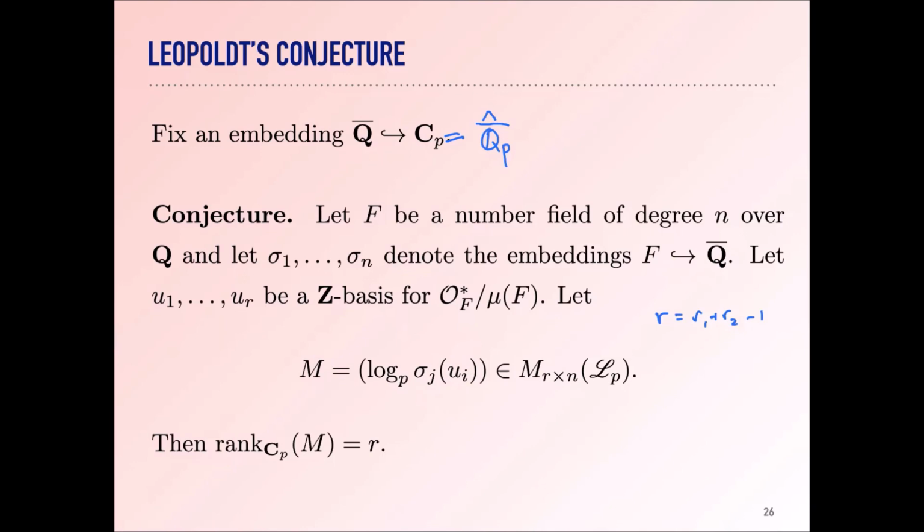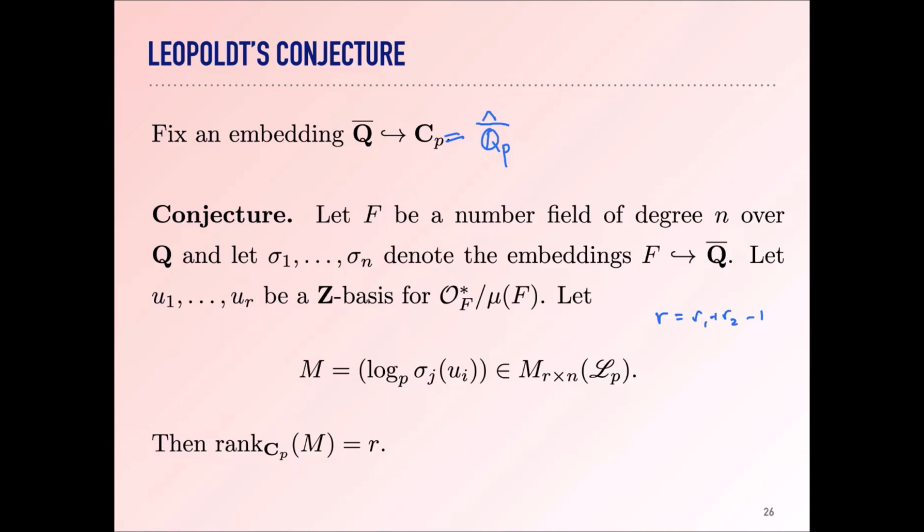Anyways, then the conjecture, Leopoldt's conjecture, is that the rank over C_p of this matrix M, this matrix of p-adic numbers, is r. It's maximal, right? This is an r by n matrix, so you want to have rank as large as possible. This is a very deep and very important problem in number theory.